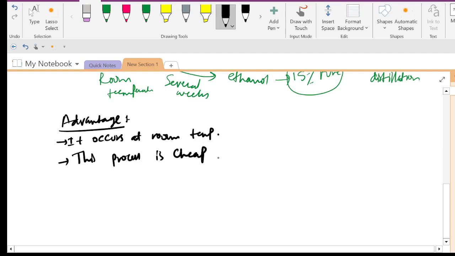So no extra energy, no extra heat, no extra pressure is required for this process. So this process is cheap and occurs at low cost, right?